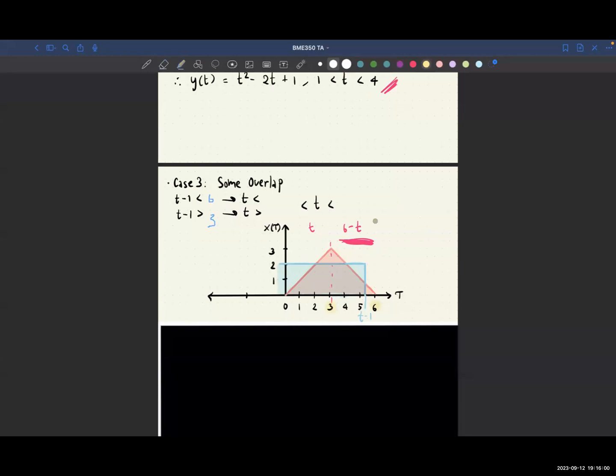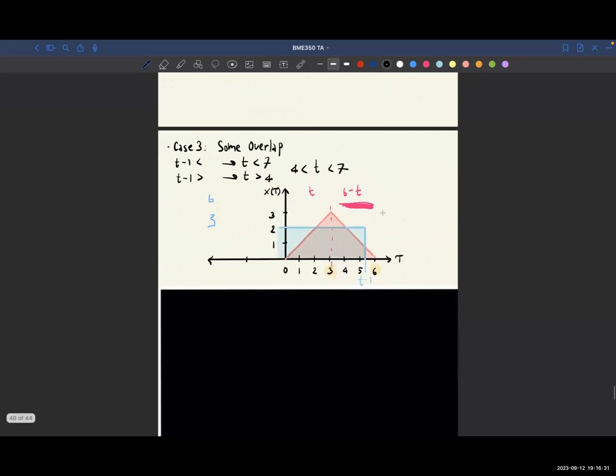But it's still more than 3. Thank you so much. You aced this. Okay, now let's do the calculation for t. If t minus 1 is less than 6, that means t is less than 7. And when t minus 1 is more than 3, it means that t is more than 4. So in the end, we get t is more than 4, but still less than 7. And yes, we still need to remember this boundary condition.